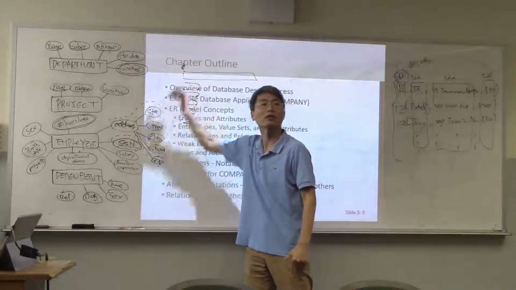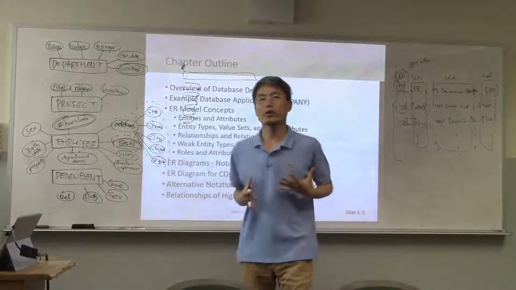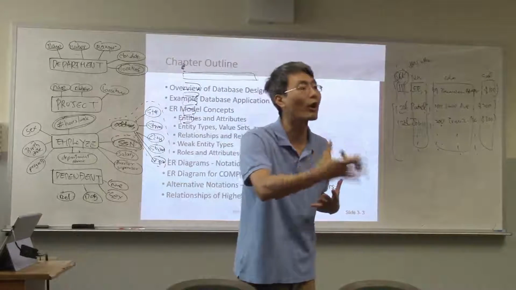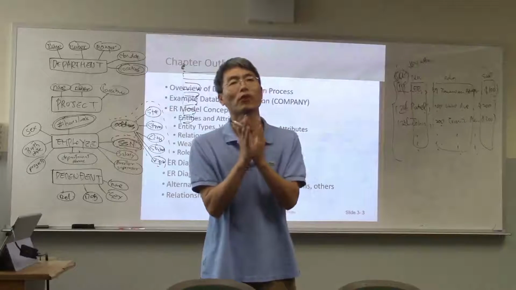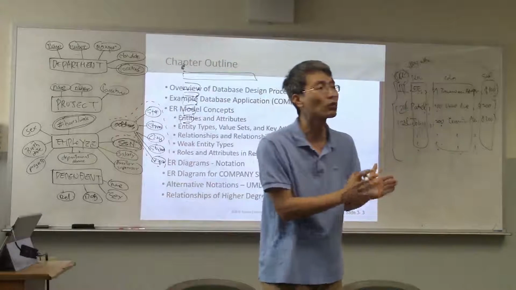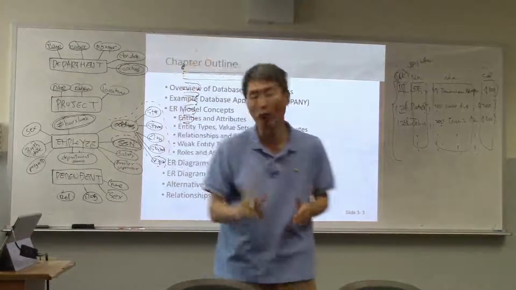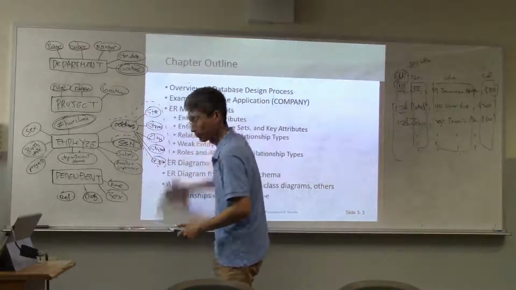Always take a look at it. It's not based on your experience. It should be based on the customer requirement or request. That is the most important thing the first time. When you design, you should obey the customer request, customer requirement. Okay? So that is a composite attribute.